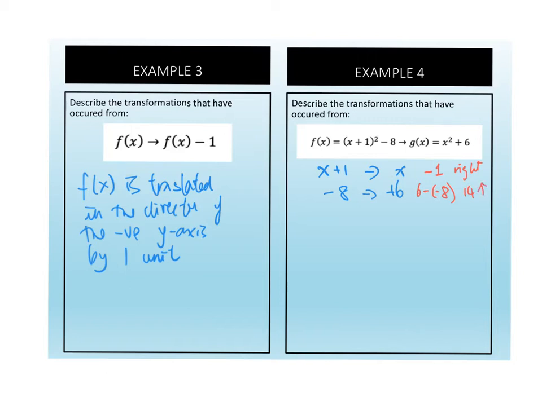So what I've done is I've looked at the bracket by itself. I can actually put a bracket in here if you need to, if you're unsure. So from here, you've moved from x plus 1 to x. So therefore, you're taking away 1.